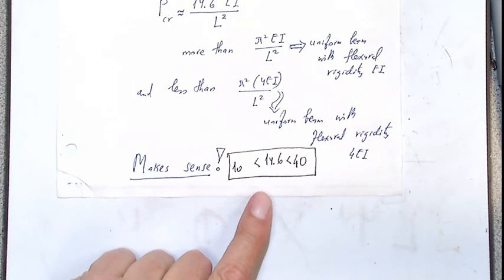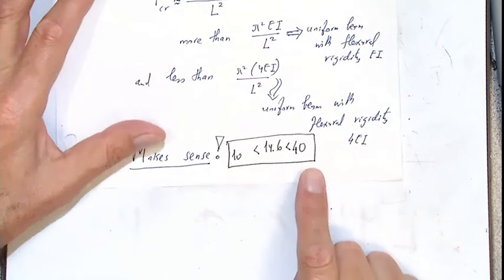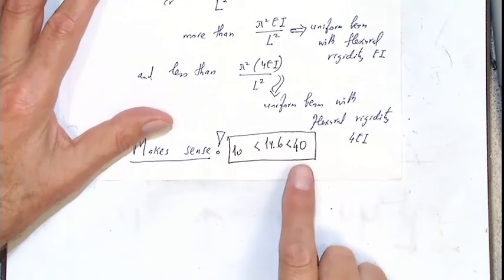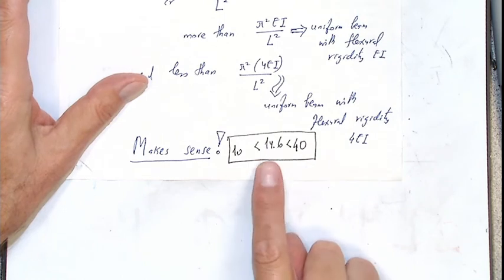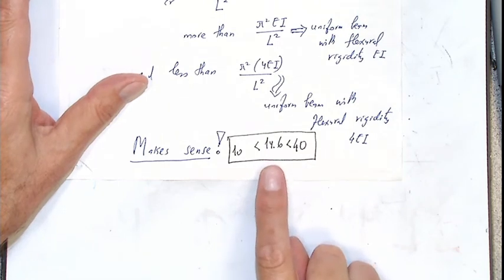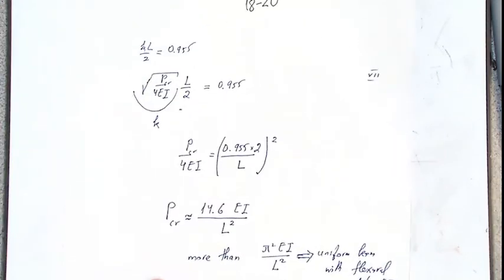Because you think it will buckle at 25, but in reality, it will buckle at a much lower load, 14.6, or approximately 15, rather than 25. Also, the geometric average does not work. 10 times 40 is 400. Then the square root of 400 is 20, which is closer, but still it is bigger than the true value.